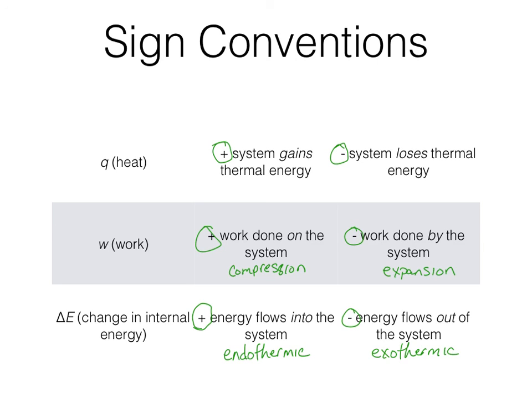When you go to physics, these sign conventions sometimes are the same, sometimes are not, because chemists and physicists think about their system and their surroundings in a different way. The chemist is very concerned about the perspective of the system, and we define everything from that perspective, which gives us the sign conventions that I've presented here.